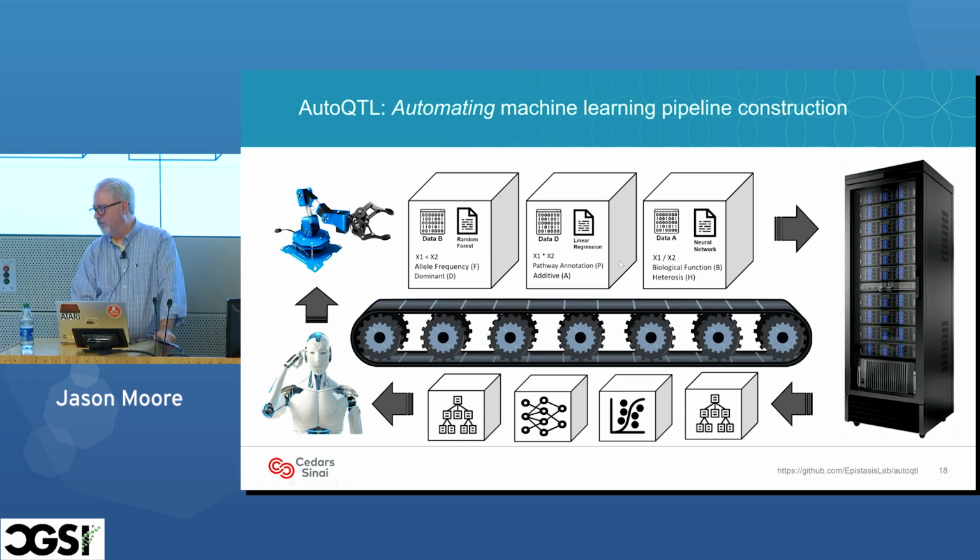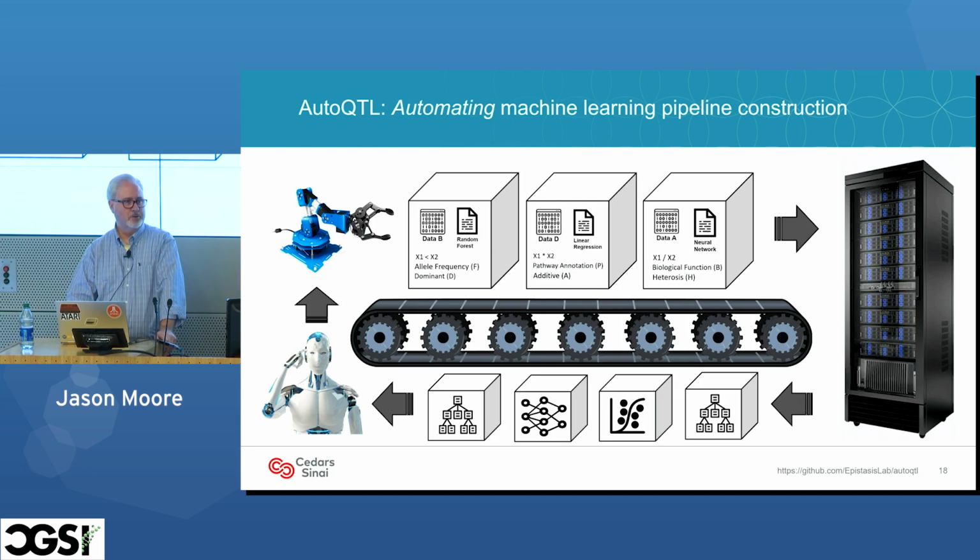It considers lots of different combinations of pipelines, types of pipelines. It executes them on your server. We get a model back, and then the computer evaluates those models. The key here is it makes variation in the pipelines. It generates new pipelines based on the performance of the pipelines it's evaluated, and then iterates this cycle until it gets a high-performing pipeline that you can then take and do your analysis with.